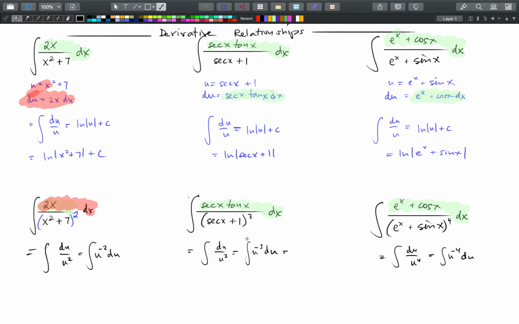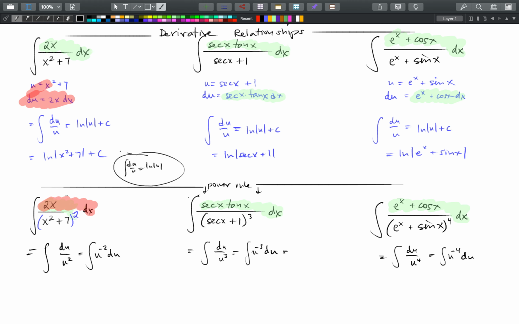Each of these problems falls under this general power rule for antiderivatives. And so upstairs, we had something else. Upstairs we had du over u equals natural log absolute value.